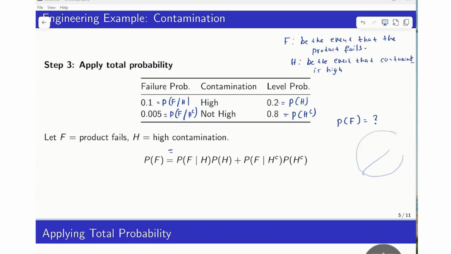Maybe I will draw it a little bit similar to the previous area. H, C, the new events. Let's get the red color. The new event is failure. So then, like previously, you can draw this.